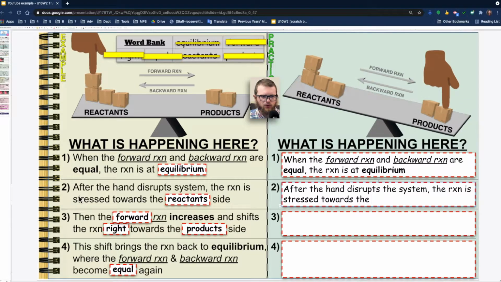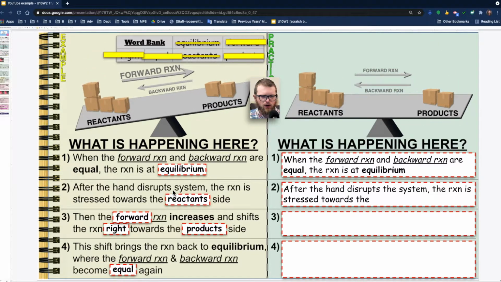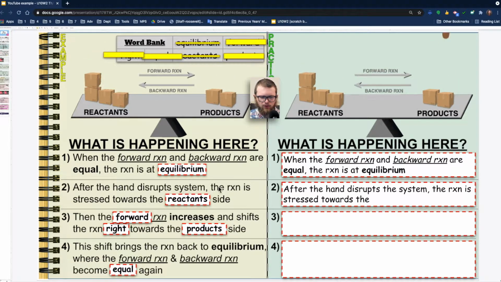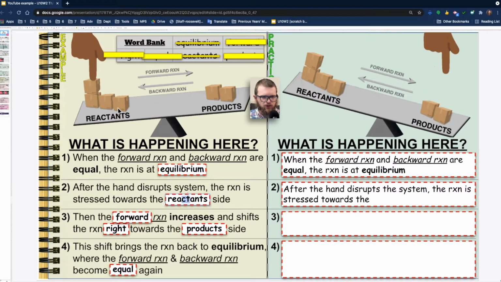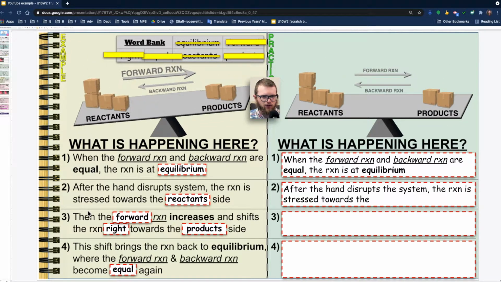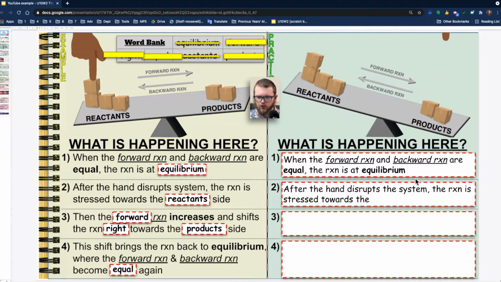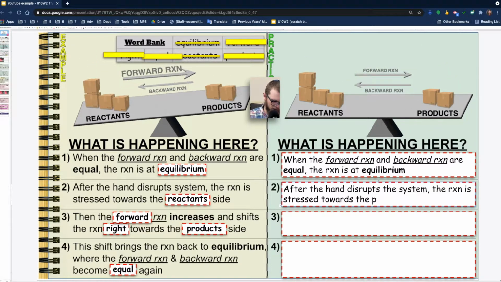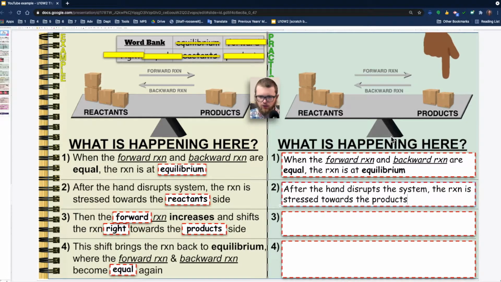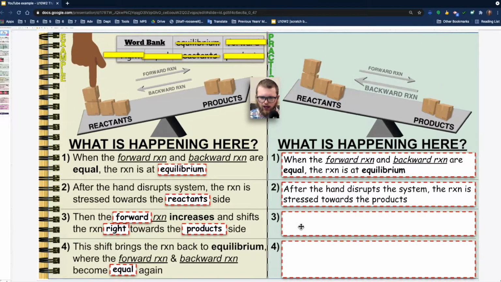So on the example side, it said after the hand disrupts the system, the reaction is stressed towards the reactant side. Oh, it gets pushed down on the reactant side. What's happening on the practice side? Oh, the hand comes down and pushes it towards the product side. Interesting. Okay, now step 3.